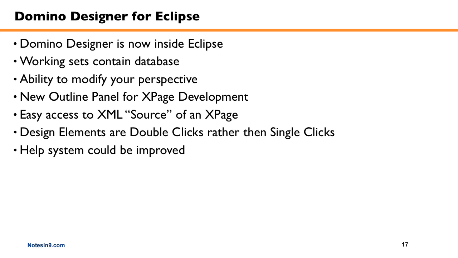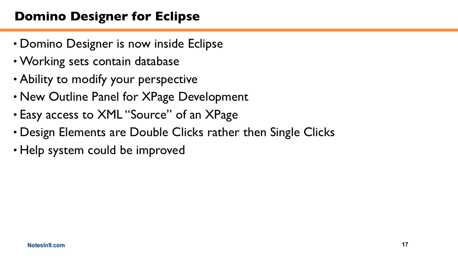So if you don't like the working sets on the left, and you want them on the right, well, move them. You can add things to your perspective. If you are a Java person, you can add some kind of Java package thing that the Java people seem to like. So there's a lot of power there in the ability to change your programming environment around.